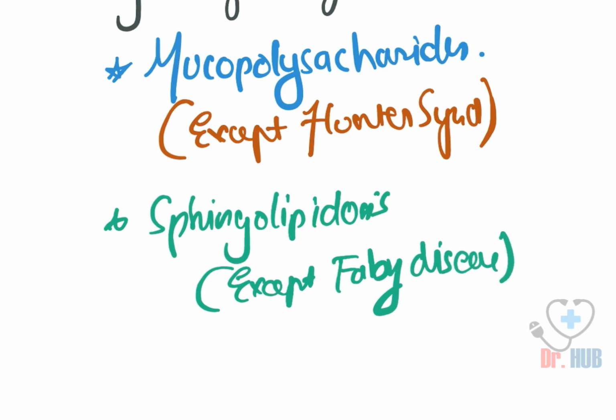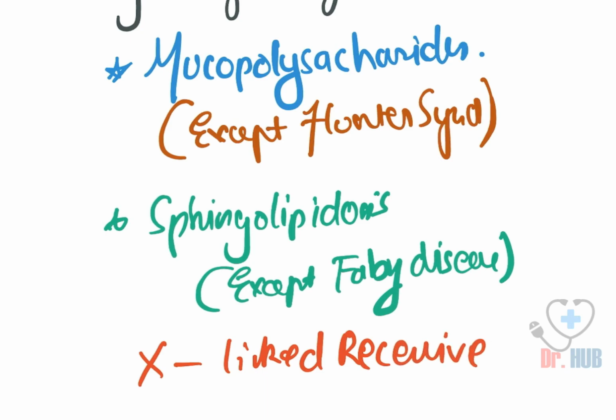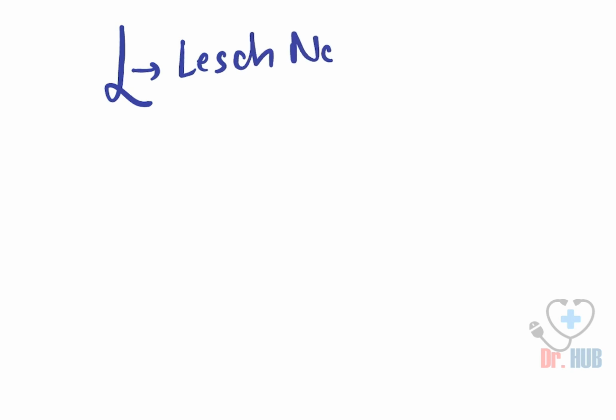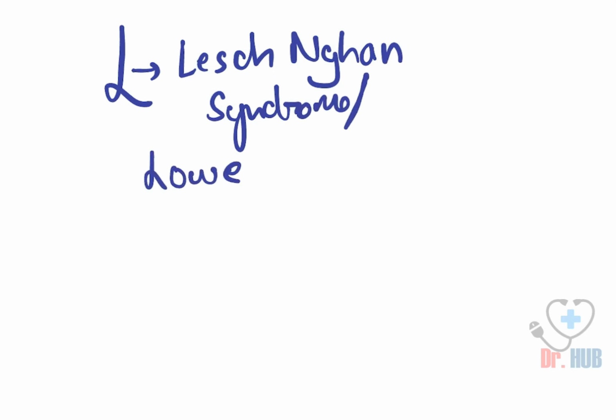So after this, we move on to the X-linked. We are going to look at the X-linked recessive. So under the X-linked recessive, there is L. So here there is the Lesch-Nyhan syndrome and also the Lowe syndrome.